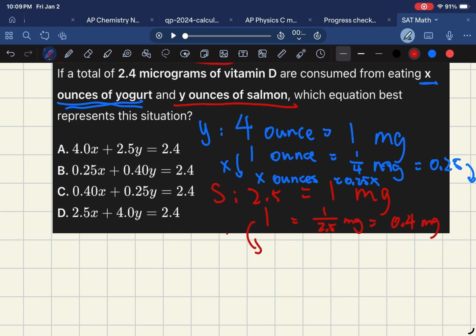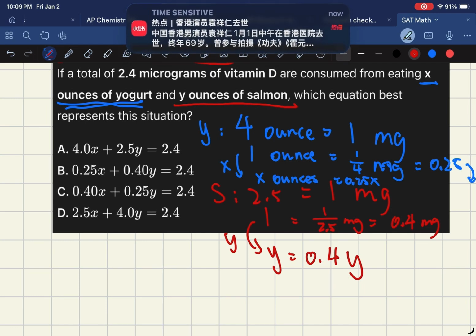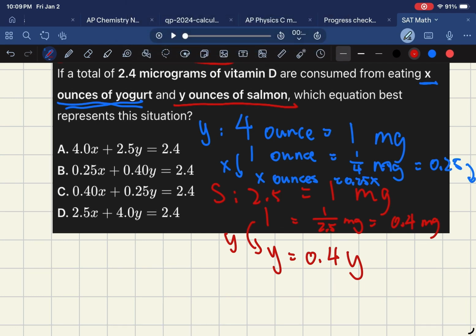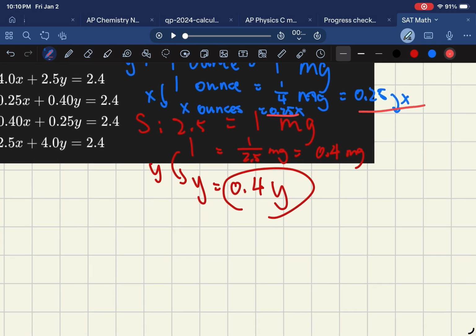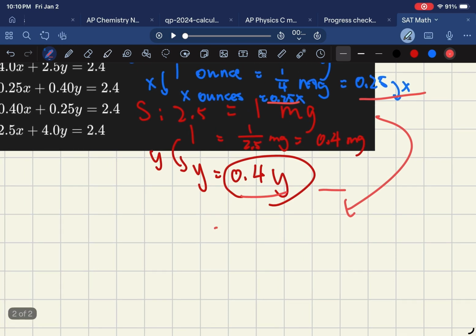So we can combine this information into a new equation. It must have 0.25x plus 0.4y, because the question is asking about X ounces of yogurt and Y ounces of salmon, and the total needs to be 2.4. So everything needs to add up and equal 2.4, which is the same as this one. So the correct answer is B.